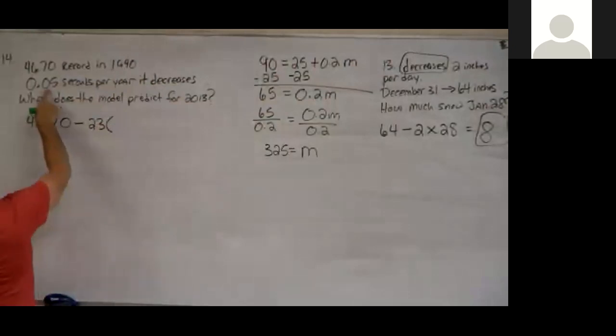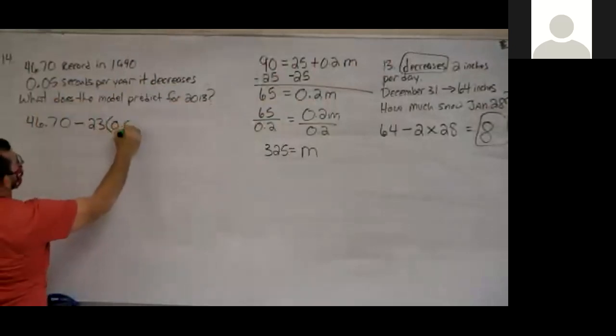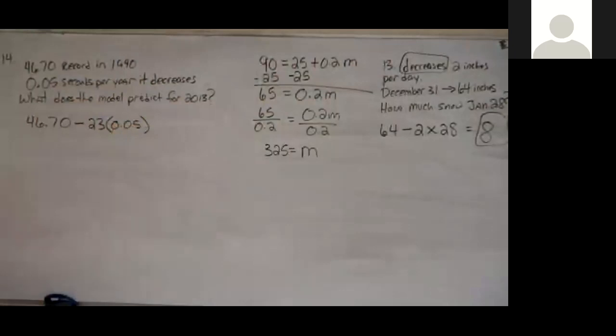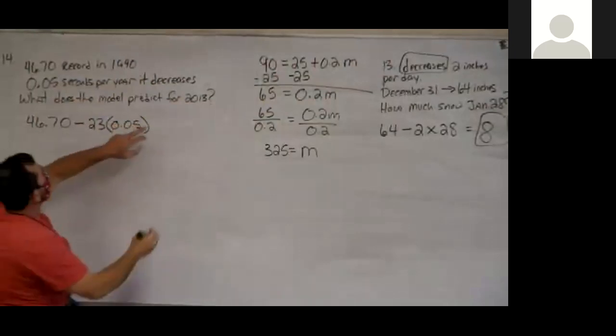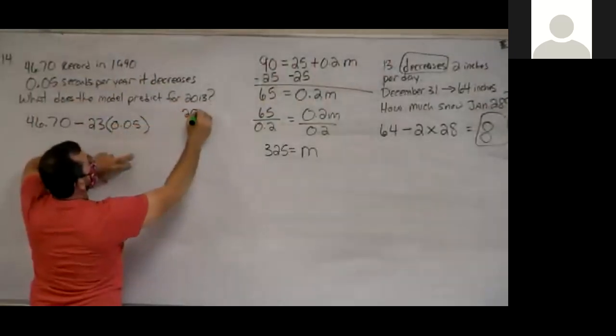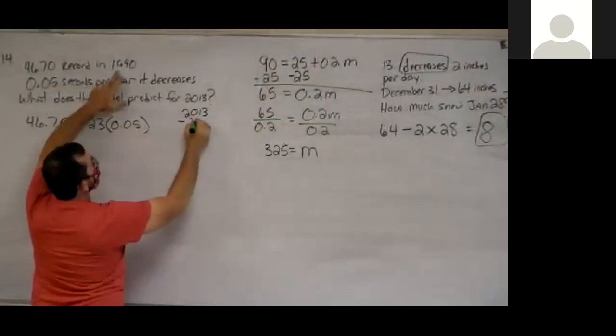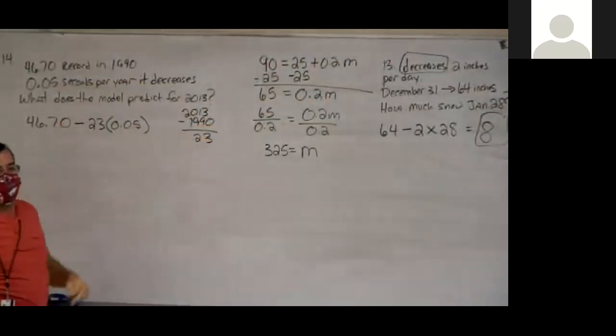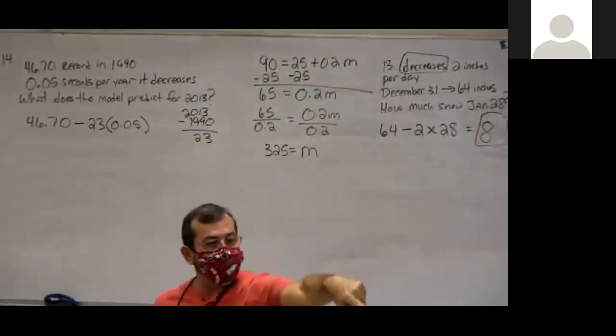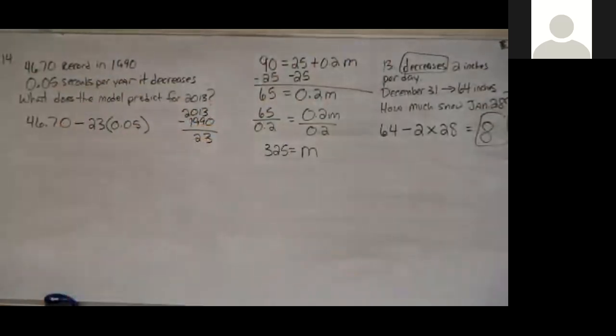Well, you do 23 years, because I had to figure out the number of years between 2013 and 1990, and that gave me 23 years. So see what your ending year is and what you're starting at on yours. So yours is 2023.